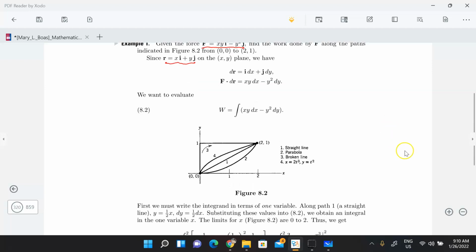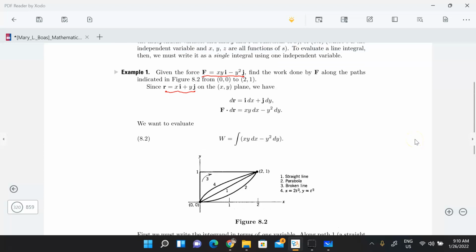Okay, so here what one does is to integrate. If you just take the dot product between your F and your dr, you're going to get this expression over here. So your integral would have to be of this nature, and you can see now it's not like your normal integration where you only integrate over a single variable.